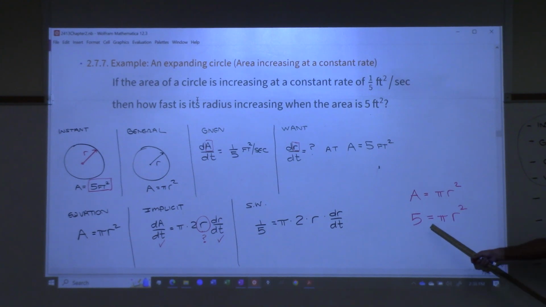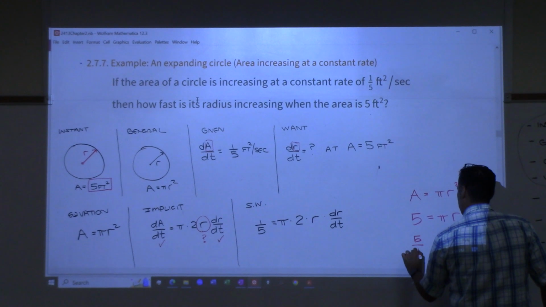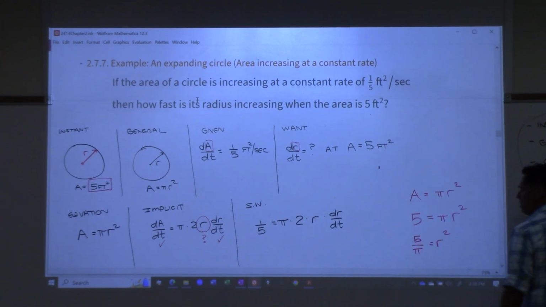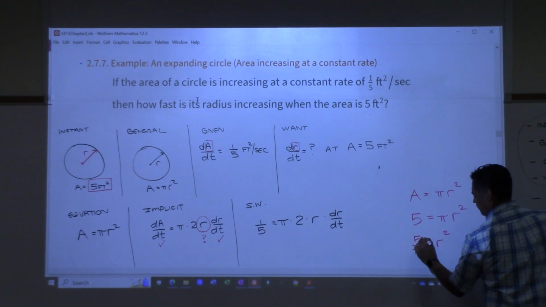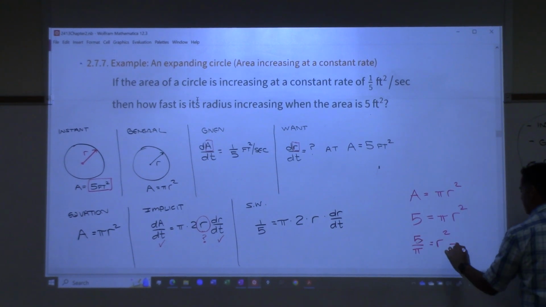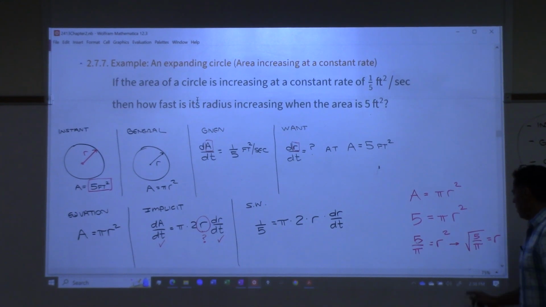I know the area is 5. And if I just divide both sides by pi, I get r squared. And then I can take the square root on both sides. And I only need to really consider the positive root because obviously my radius isn't negative, right? So that would be my r.